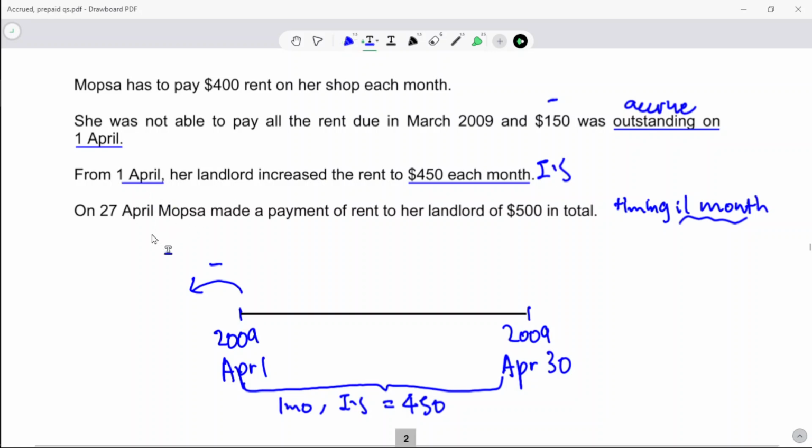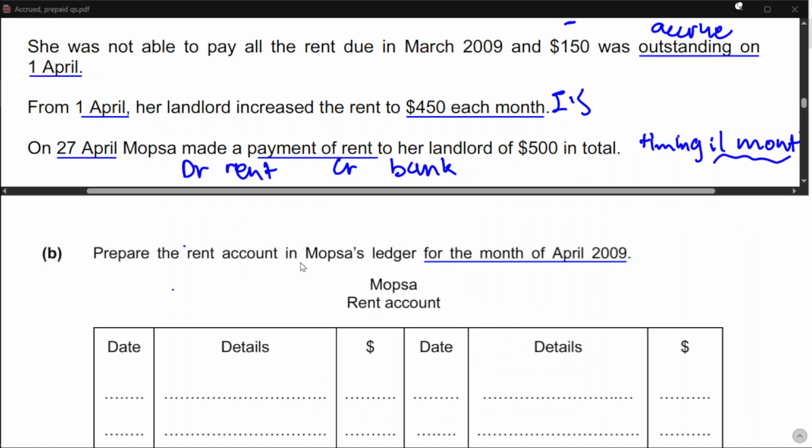And then what he say is 27 April, payment of rent. So debit rent, credit bank by this amount. Okay. So the first line I think is not important. Let's continue.